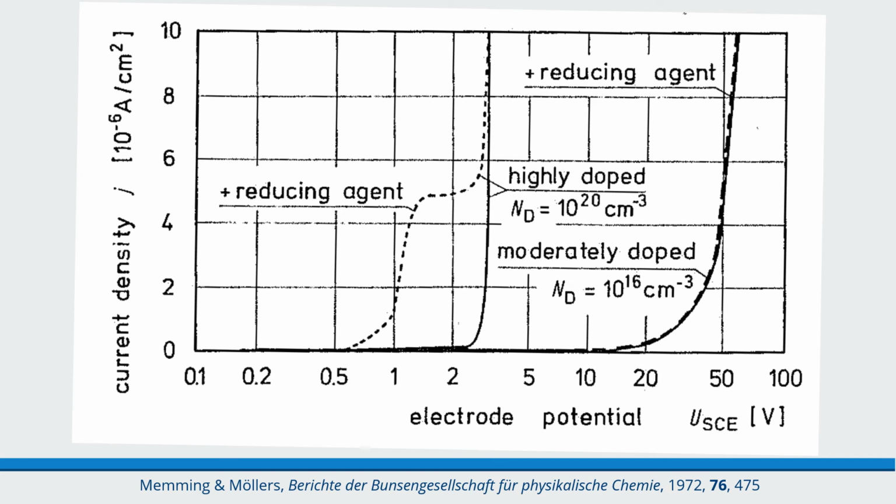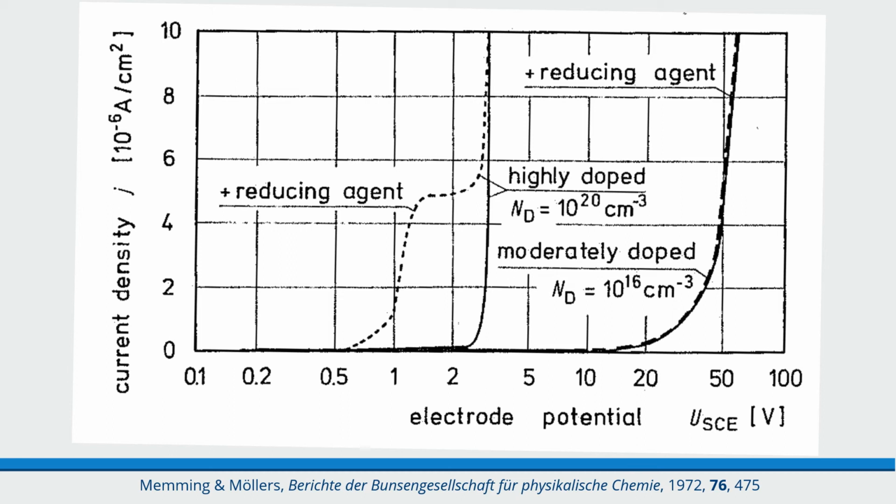So from the literature we can see an example of the potential dependence of the anodic currents at highly and moderately doped zinc oxide electrodes, with and without the addition of a reducing agent.